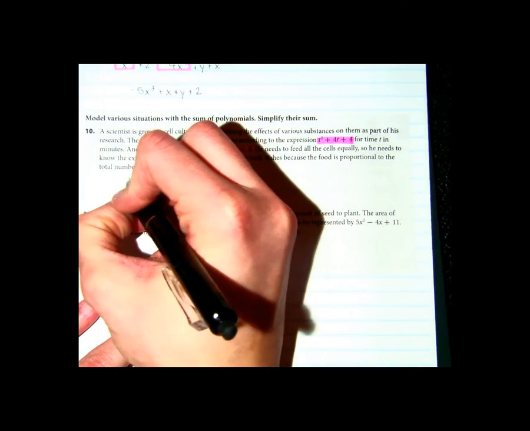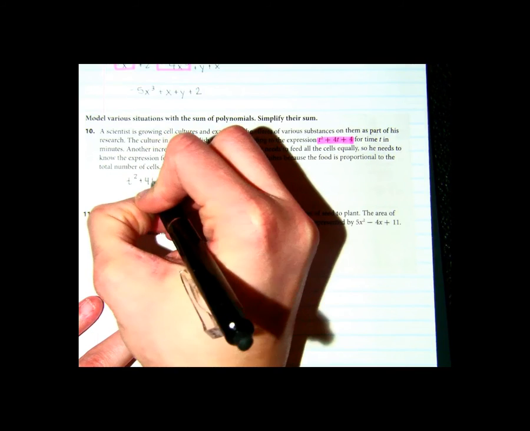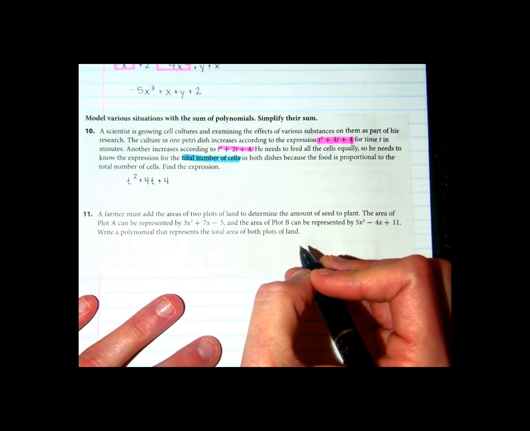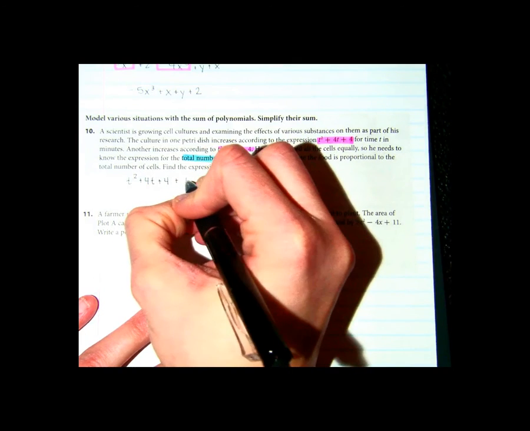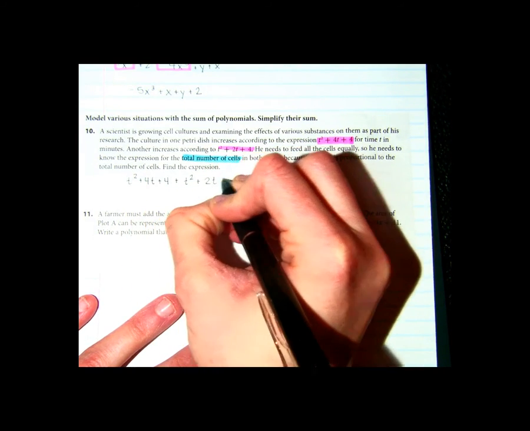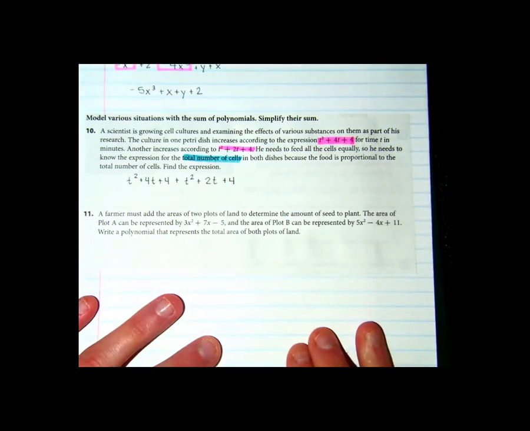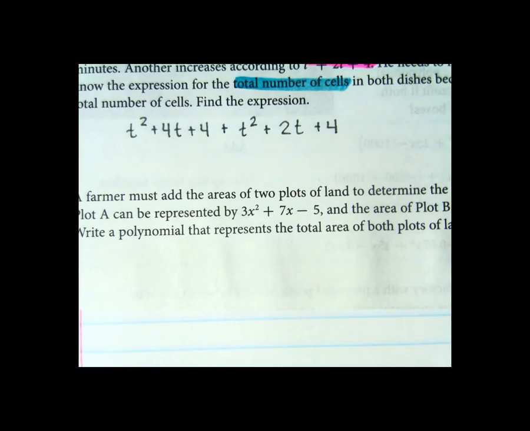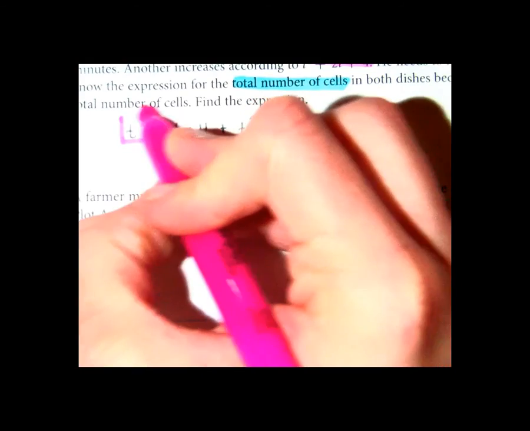Okay, t squared plus 4t plus 4. Okay, and what else? Yep, I already got that one though, so I'm going to do the 2t one this time. Okay, now I'm going to zoom in on the actual writing here. Okay, like terms, do I have any? T squared and t squared.